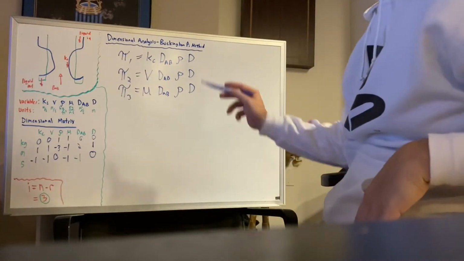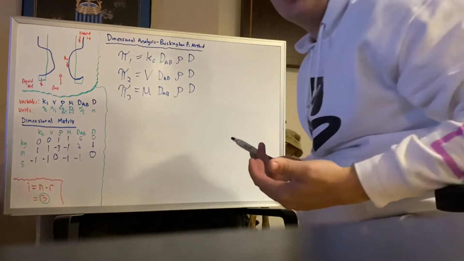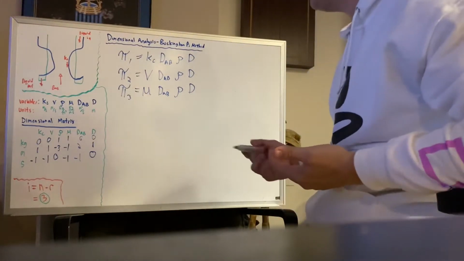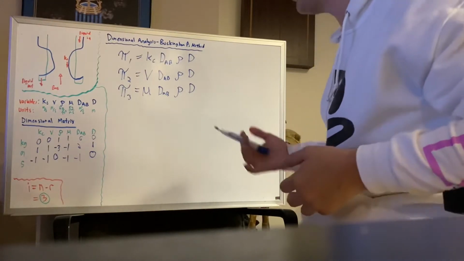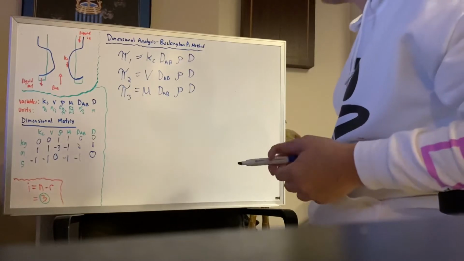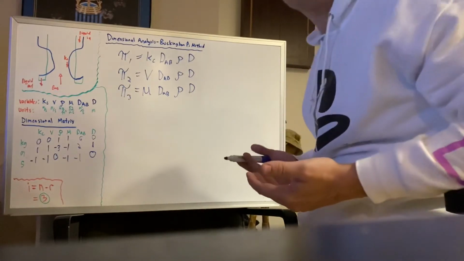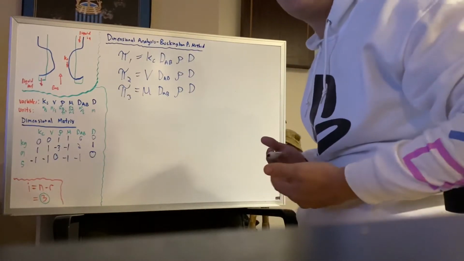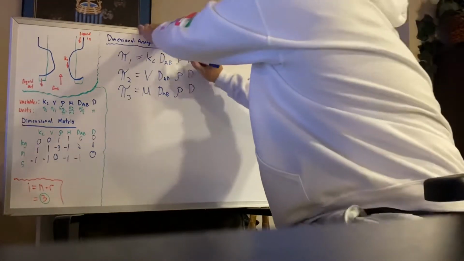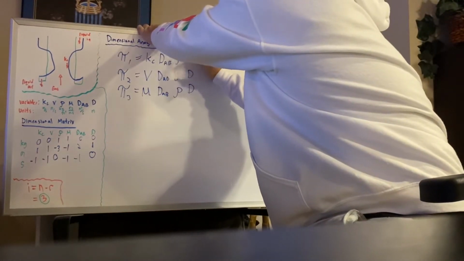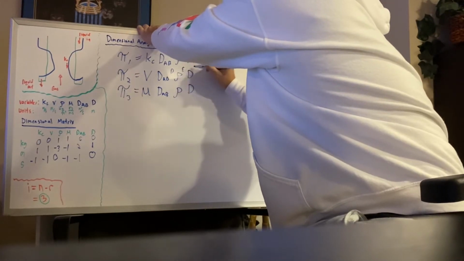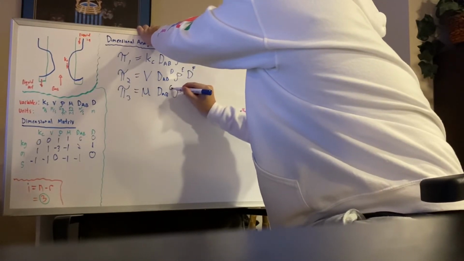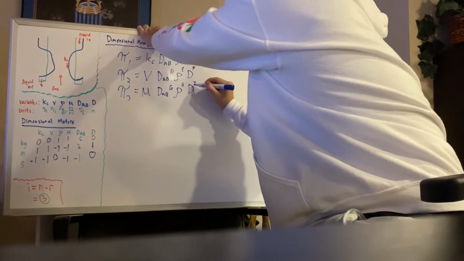And since we have each of these, they're all going to be raised to a power, because we want each of these pi's really to be a dimensionless group. So we're going to have to raise each of these variables up to a power to really get it to be a dimensionless group and equate out to 0. And so we will have variables to take up these for right now. We'll use A, B, C, D, E, F, G, H, I.